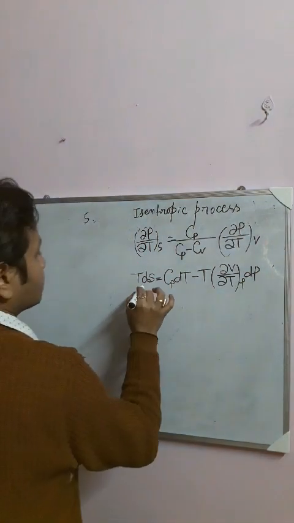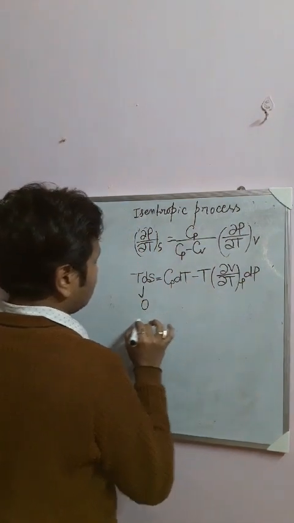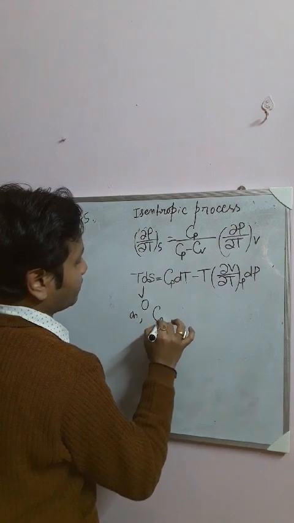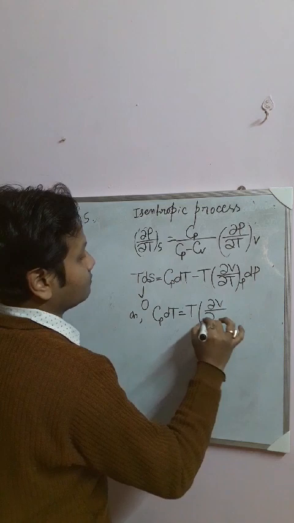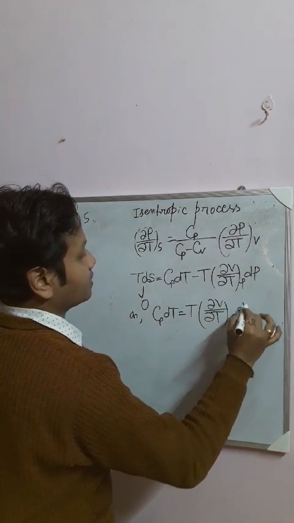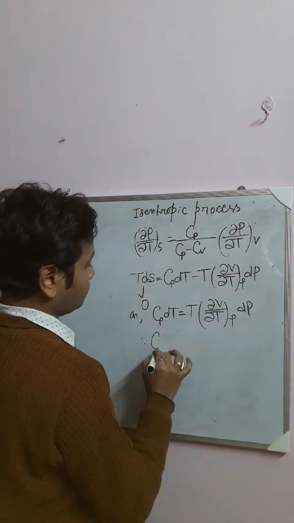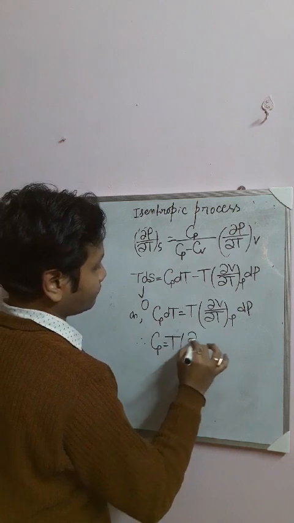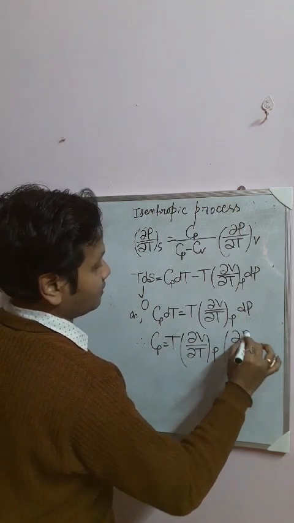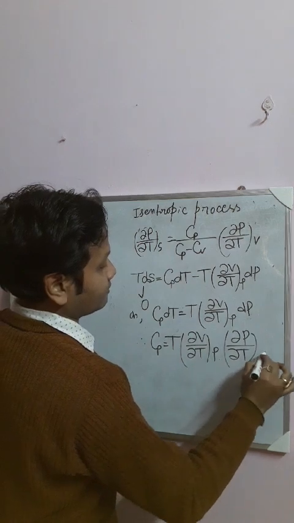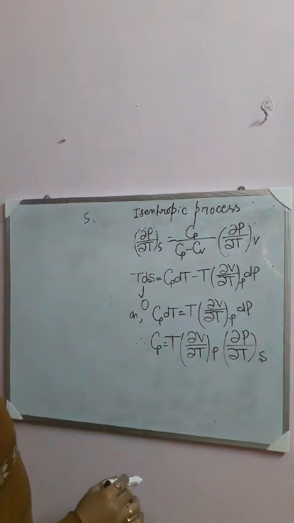For an isentropic process dS is 0. So we can write Cp dT equals T del V del T at constant pressure dP. So what will be Cp? T del V del T at constant pressure into del P del T at constant S. So this will be my Cp.